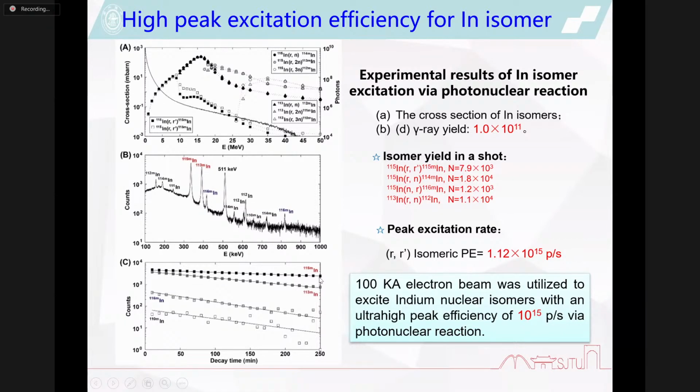The peak excitation rate is 10^15 particles per second. So with this optimized 100 kiloamp electron beam, we excite the indium nuclear isomers with an ultra-high peak efficiency of 10^15 particles per second via the photonuclear reaction. So this is very effective.